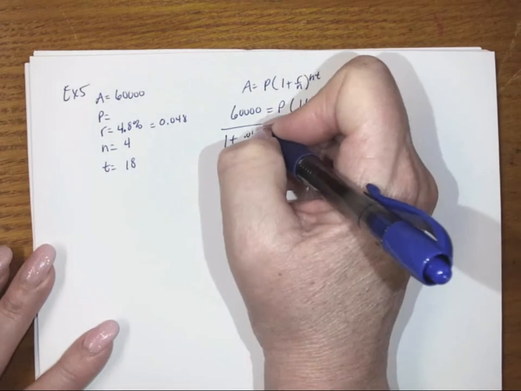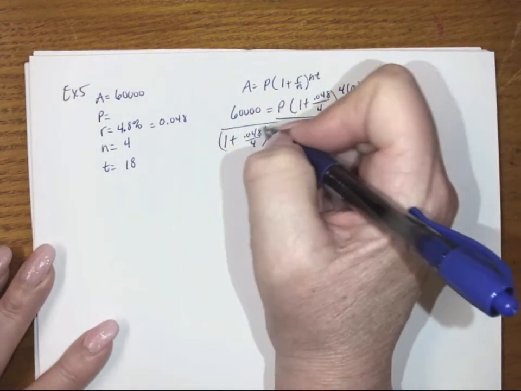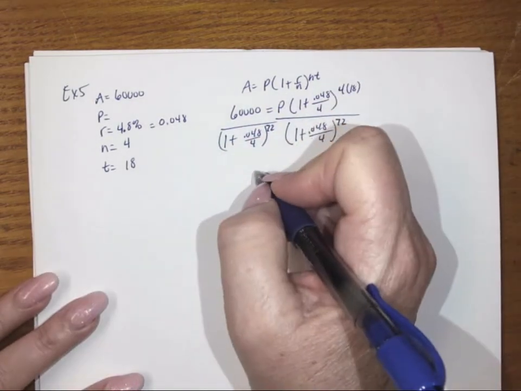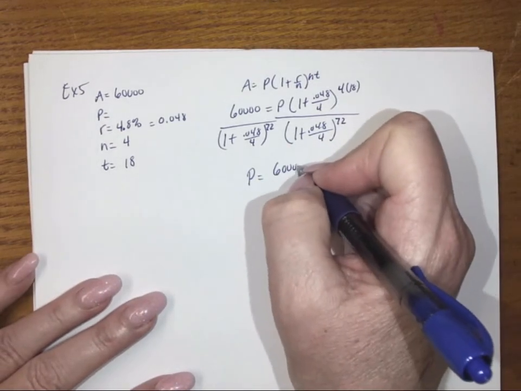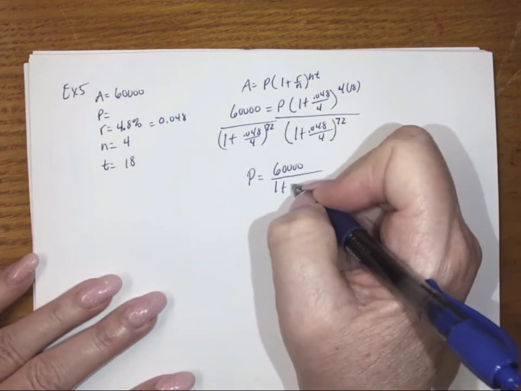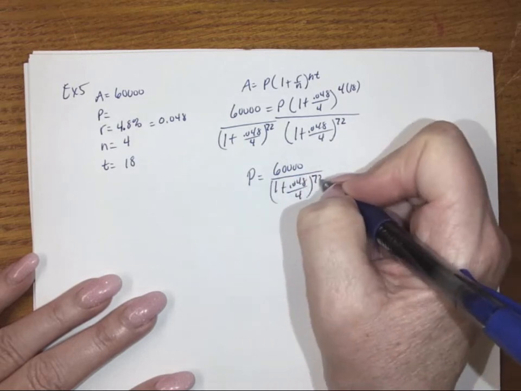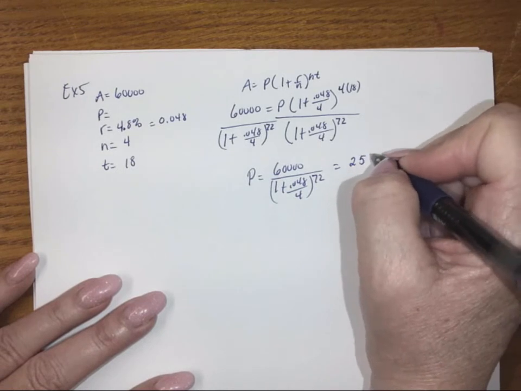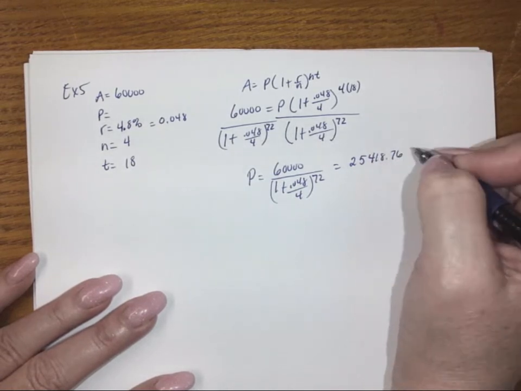You can figure out part of this individually, but do be careful about rounding too soon because that'll change your answer. So our P will be equal to the 60,000 divided by the 1 plus 0.048 divided by 4 raised to the 72. And you should get $25,418.76.